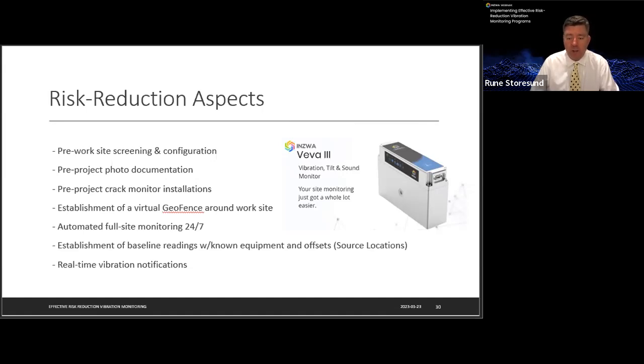Did they record the anticipated PPV values? If not, then this gives us an opportunity to replace any faulty installations or devices prior to full-scale construction activity starting. With this system in place, we'd now be ready to receive real-time vibration monitoring notifications for instances where our threshold values were exceeded at the geofence.